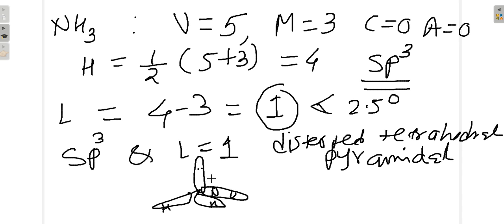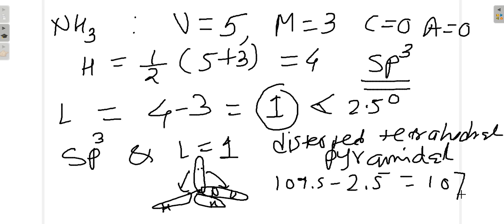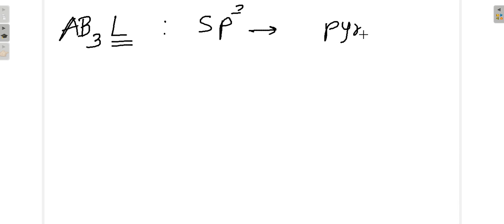So it will be called a distorted tetrahedron. This will reduce the bond angle by 2.5 degrees, and the bond angle will become 107. So as a thumb rule, please remember, if you have a molecule of the nature AB3L, I mean one lone pair, and if it is sp3, then the geometry is pyramidal.